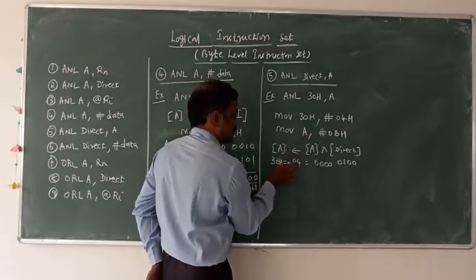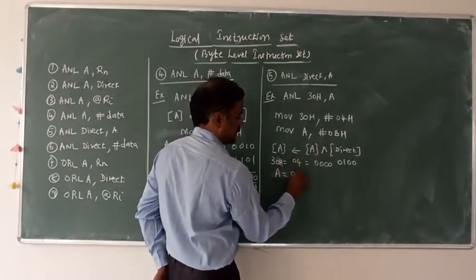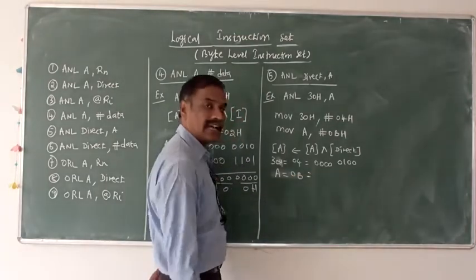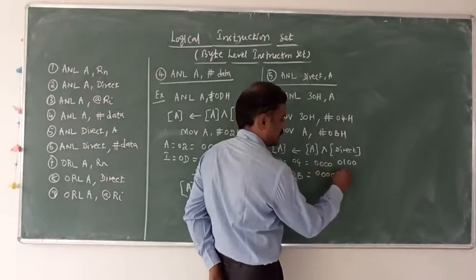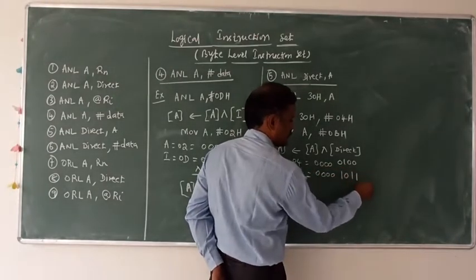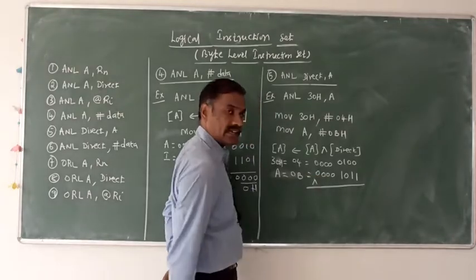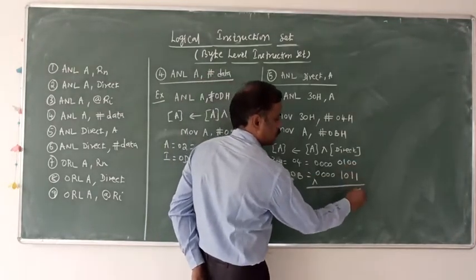And the accumulator, the A register, has data 0B. 0B means 11 in decimal, hexadecimal value B, and in binary 11 means 1 0 1 1. Now logically AND these two data. If any one of the inputs is low, the output is low.